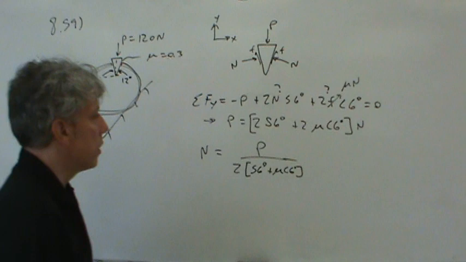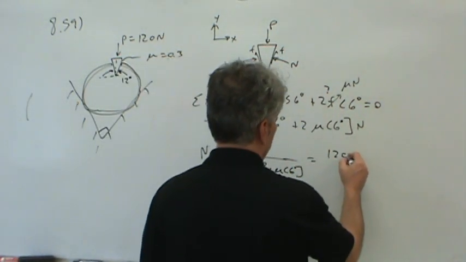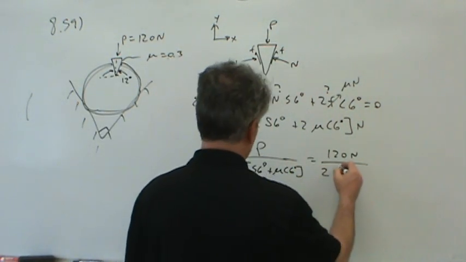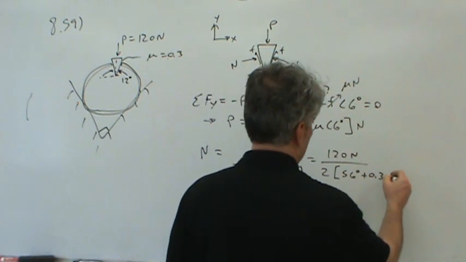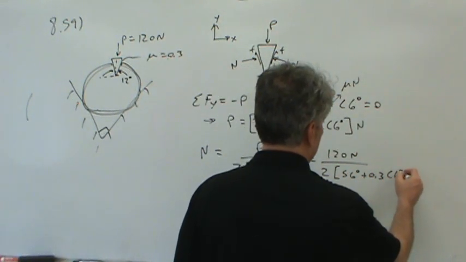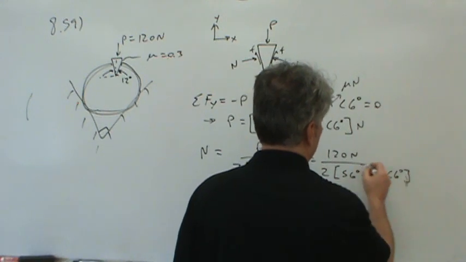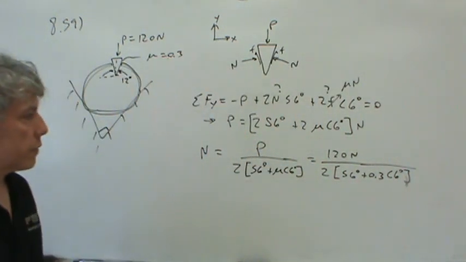Okay? So, plugging in the numbers, 120 newtons divided by 2 times sine of 6 degrees plus 30% of cosine of 6 degrees. And now I need calculator help because, of course, I haven't worked this out ahead of time.